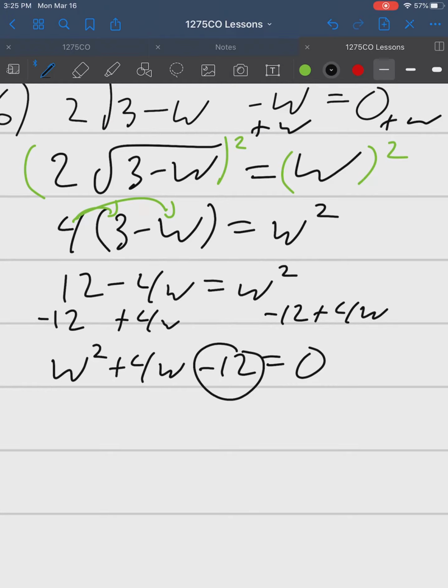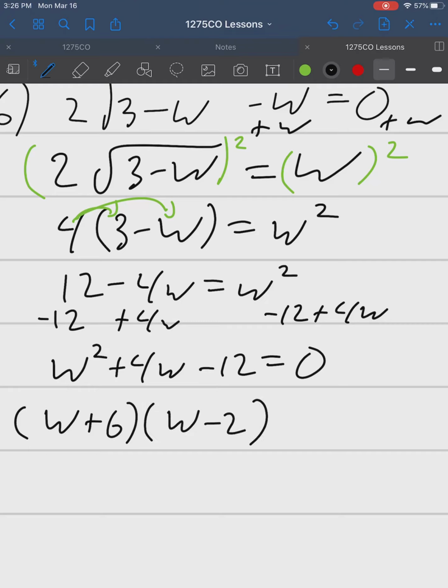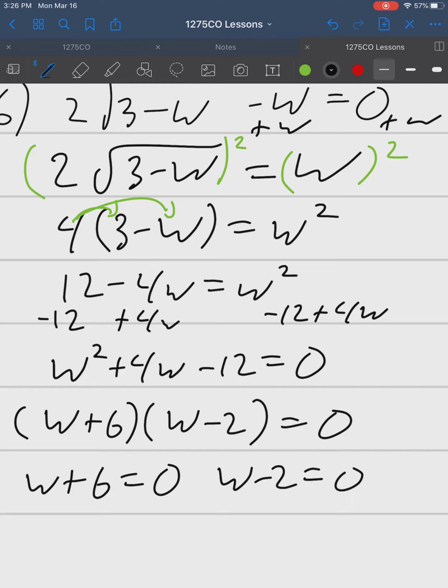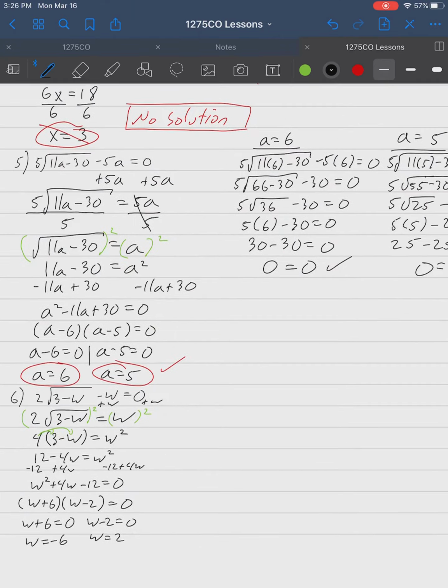What multiplies to negative 12 and adds up to a positive 4? That's going to be a plus 6 and a minus 2. So w plus 6, w minus 2 is equal to 0. Zero product rule separates these factors, set equal to 0, and solving the equation, subtract 6 from both sides. Solving the other equation, add 2 to both sides.